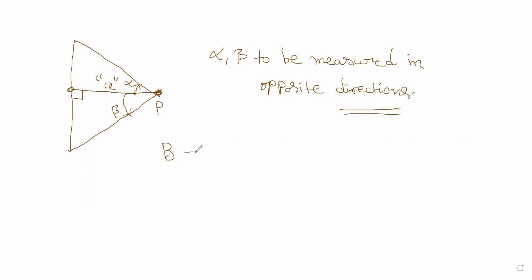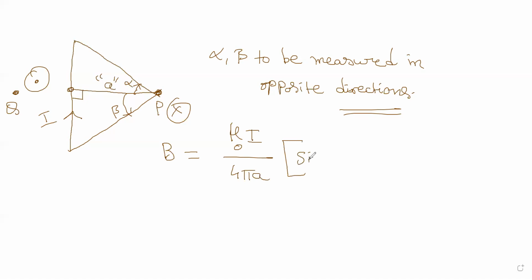The magnetic field at the point P: suppose the current direction is like this. At the point P, you get inwards. Suppose I take a point somewhere here, I will get outwards. And B is given by mu naught I by 4 pi A into sine alpha plus sine beta. This is what you have to remember for a finite conductor.